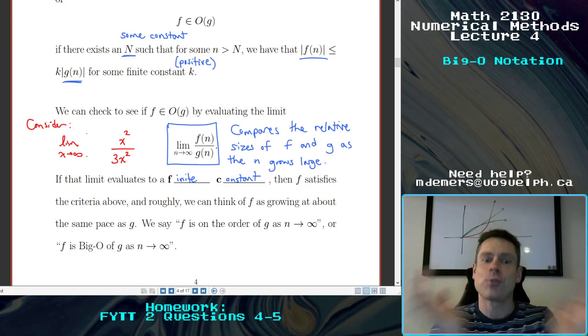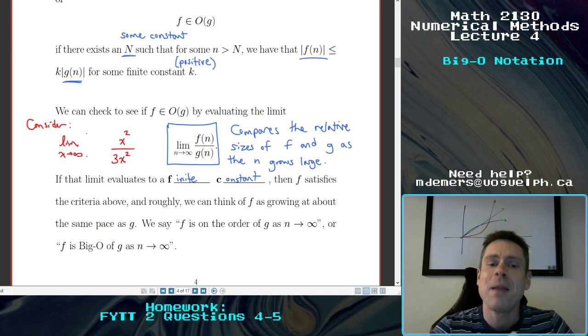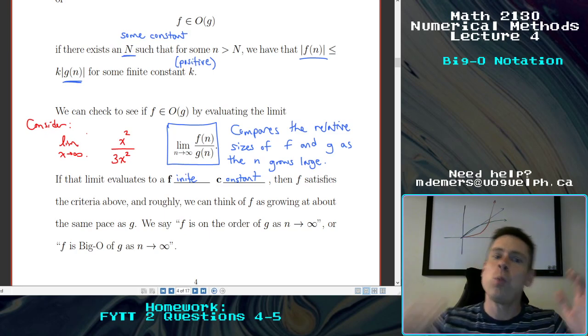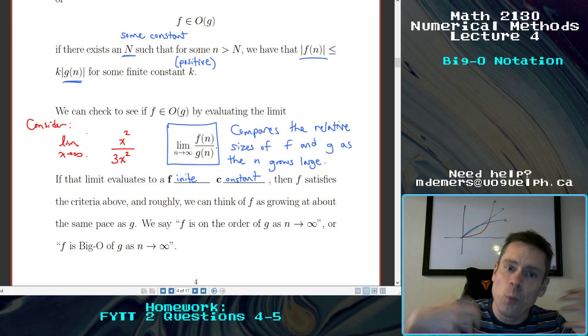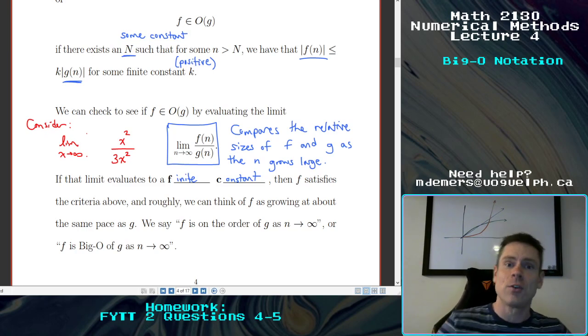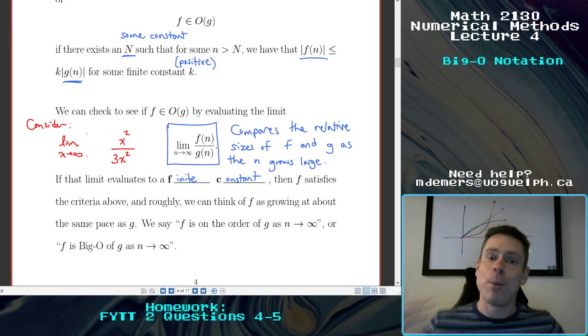X squared and 3x squared, which is the same as x squared but with a stretch. The idea behind big O notation is to say that the way x squared increases as x grows really large and the way 3x squared increases are really the same. They both grow like parabolas grow as x grows really large.